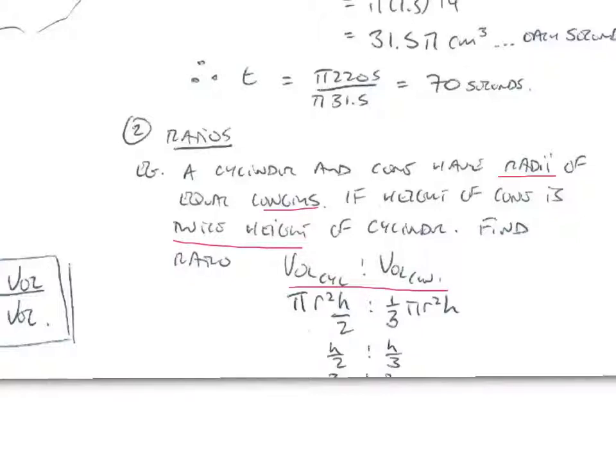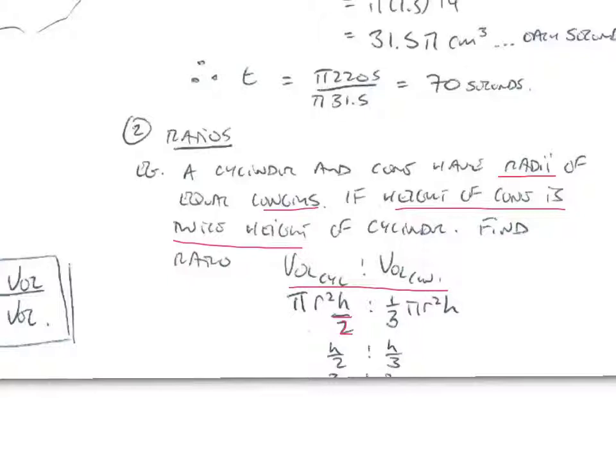So the formula for the volume of a cylinder is normally pi r squared h, but the height of the cylinder is half the height of the cone, so that becomes h over 2, and the volume of a cone is a third pi r squared h.